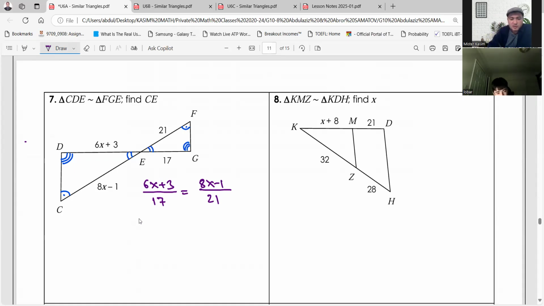And after that, we just cross multiply: 6 times 21, 126x, and 3 times 21, 63. On the right-hand side, 17 times 8. What is 17 times 8?